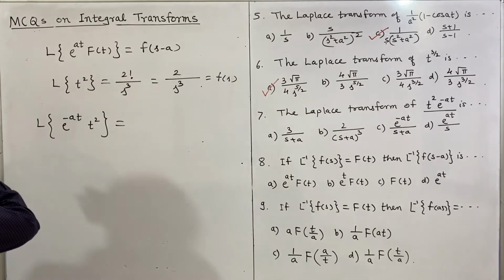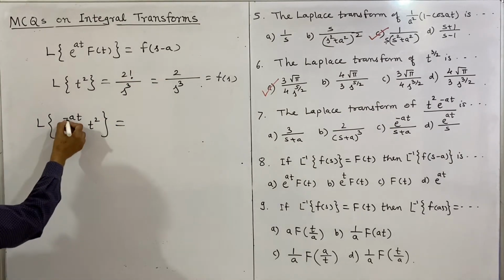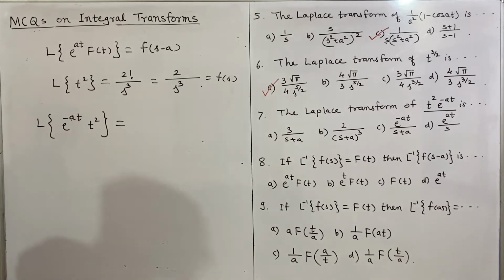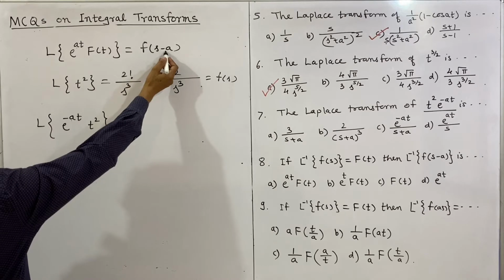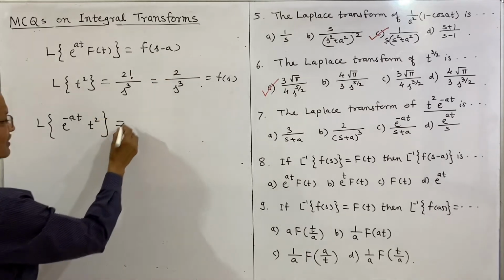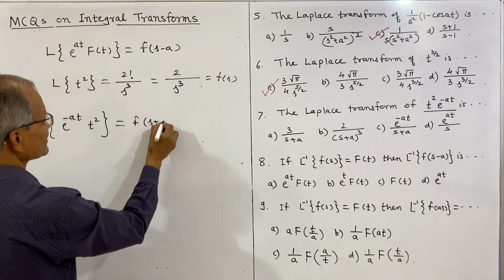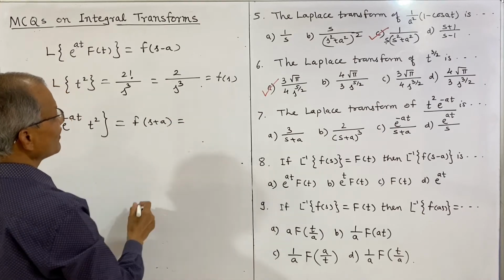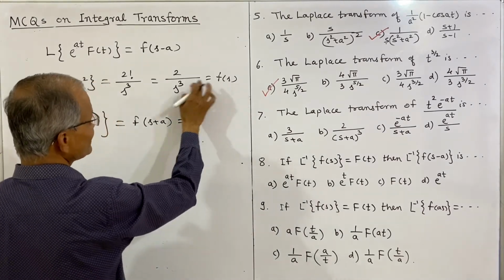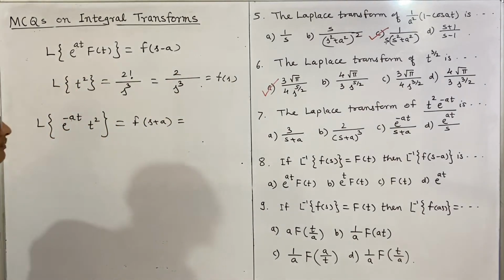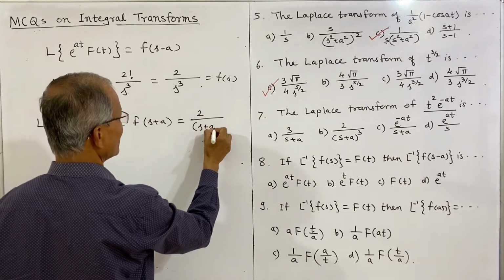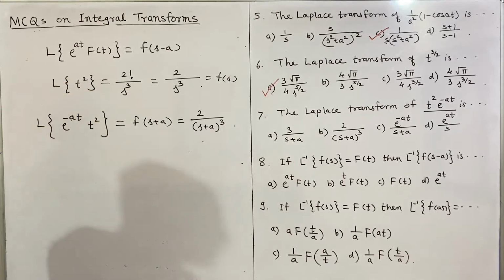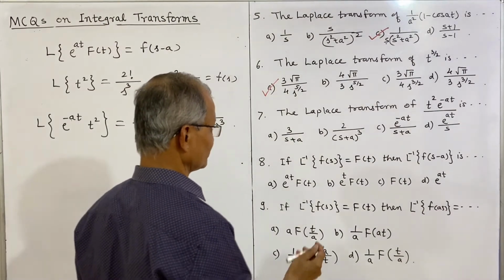But here a is negative, so negative of a, and therefore this negative a becomes positive, and thus this will be F of s plus a. And what is F of s plus a? If F of s is 2 divided by s cube, F of s plus a will be 2 divided by (s plus a) cube, and thus the correct alternative is B.